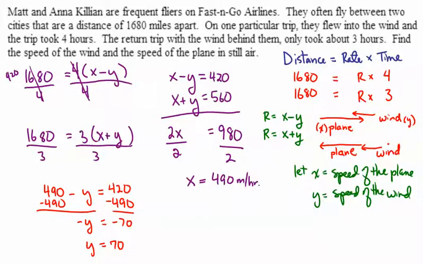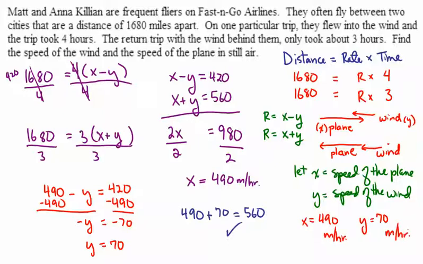If the x was 490, and then plus 70, and we do indeed get 560, so that checks, and we have the correct values here. x is equal to 490, that's the speed of the plane, and y is equal to 70, that's the speed of the wind, both are in miles per hour, and we have our final solution there.